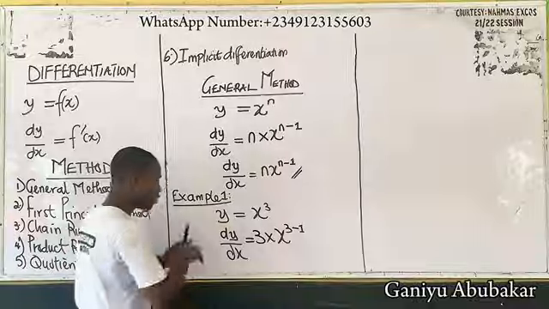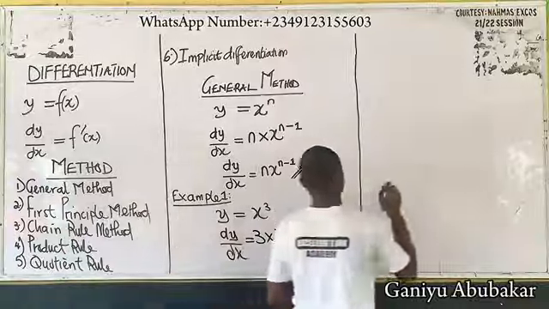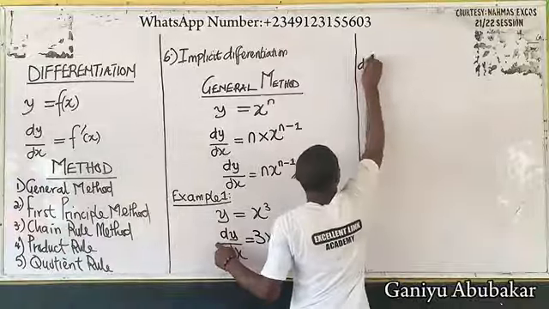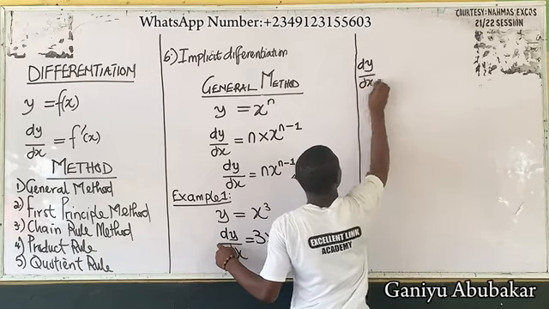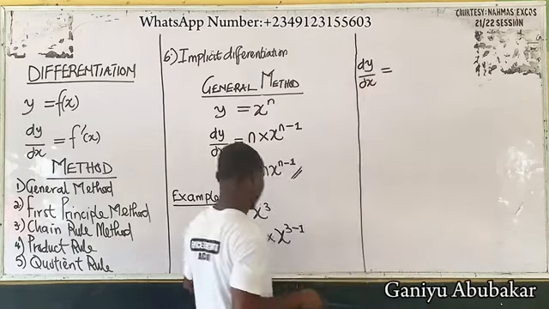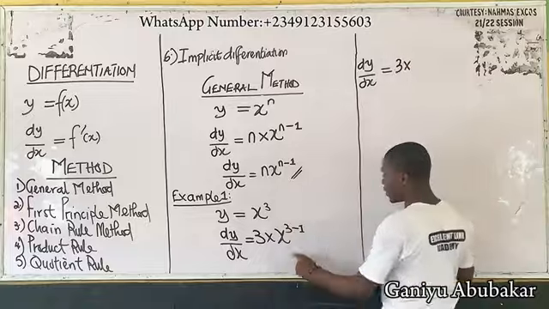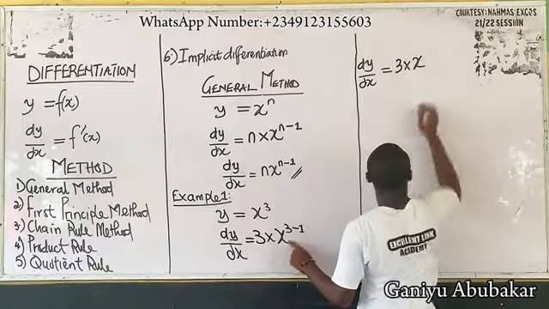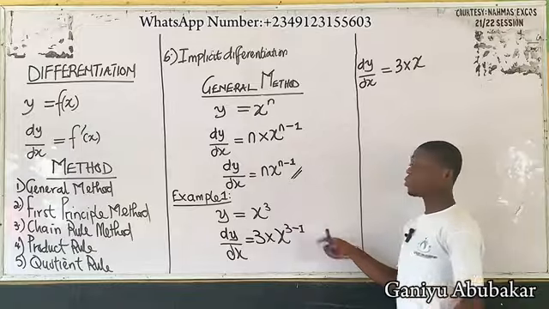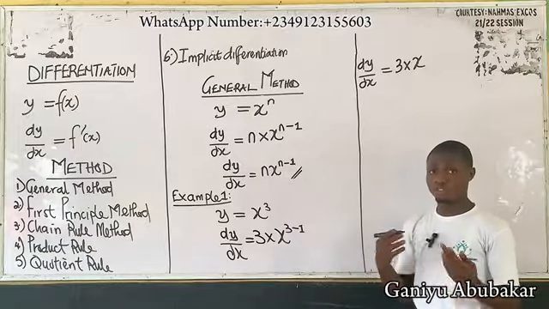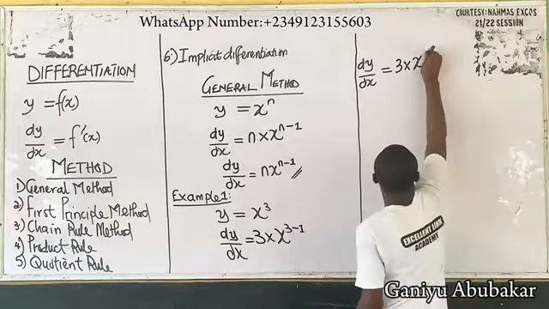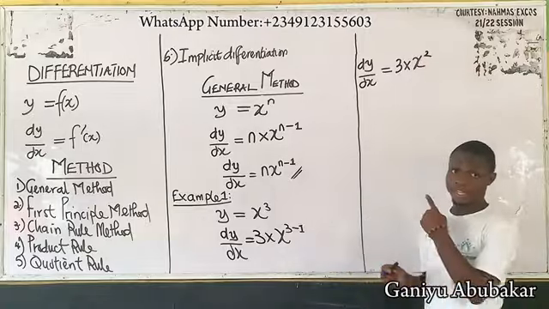What next here? If I proceed with solving, dy over dx is equal in value to 3 multiplied by x, but mind you, the power is 3 minus 1. Of course, 3 minus 1 gives 2, so I'll have x squared.